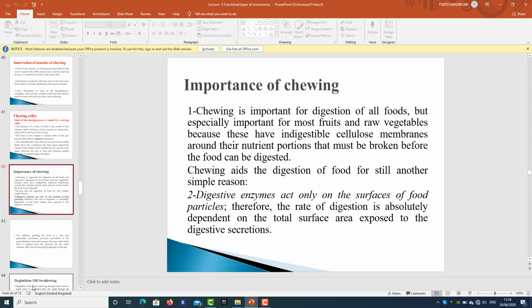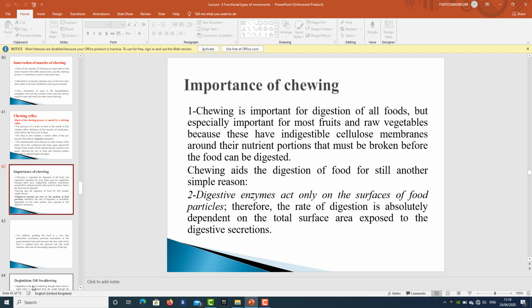Chewing is important for digestion of all foods, but especially for most fruits and raw vegetables, because these have indigestible cellulose membranes around their nutrient portions, which must be broken down so that the food can be digested.